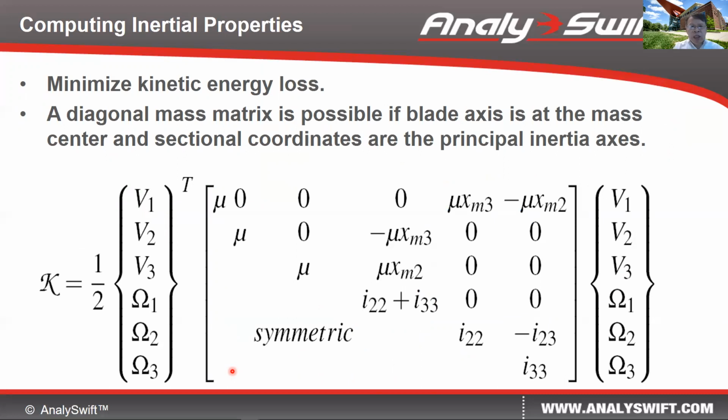Based on the 6x6 mass matrix, we can extract the mass per unit length, the mass centers, the mass moment of inertia, and also the principal inertial axis.